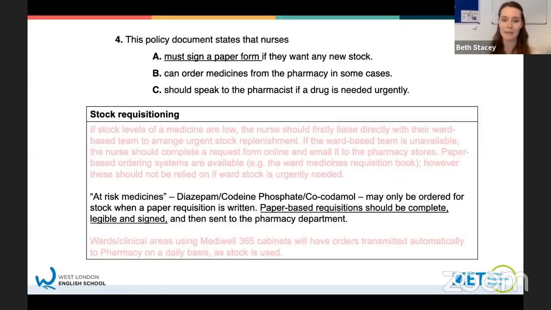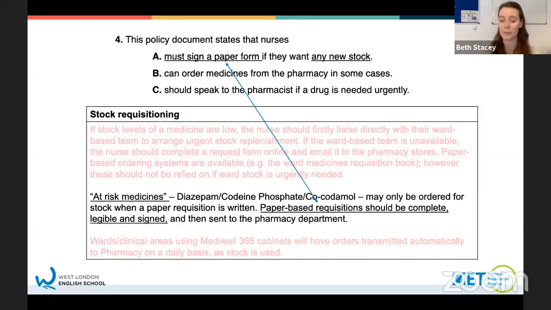Let's look at A, must sign a paper form if they want any new stock. Well, it does say that there are some medicines like diazepam and codeine phosphate where paper-based requisitions should be complete, legible and signed and sent to the pharmacy. However, look at that second part of A, if they want any new stock. Now, any means basically everything, any.